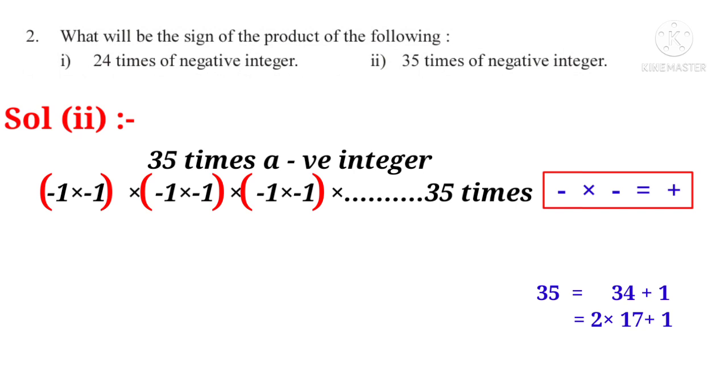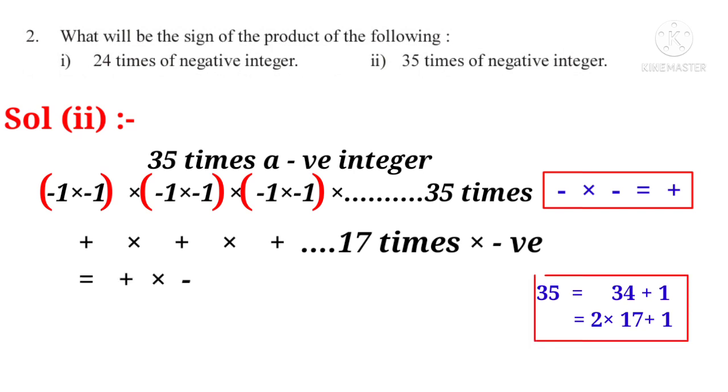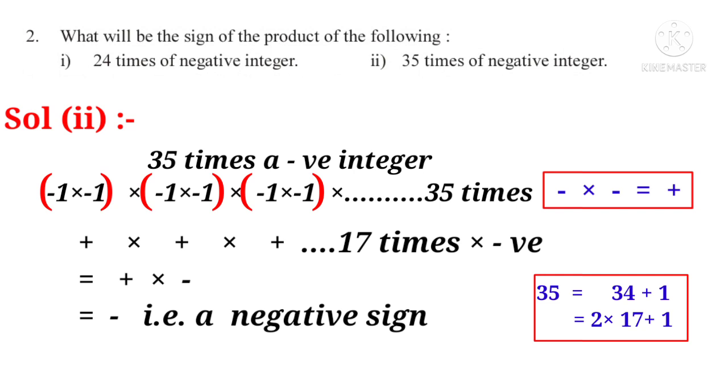Now we can write 35 as 34 plus 1. 34 is 2 into 17, plus 1, that is plus comes 17 times and a negative number at last. Plus into minus is equal to minus. So the product is a negative integer. In another way, 35 times a negative integer, 35 is an odd integer, so the result is a negative integer.